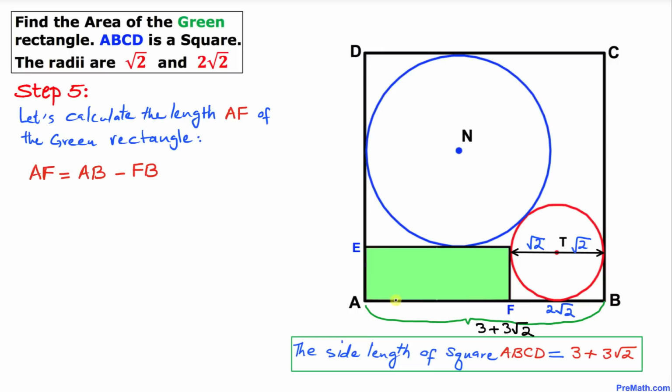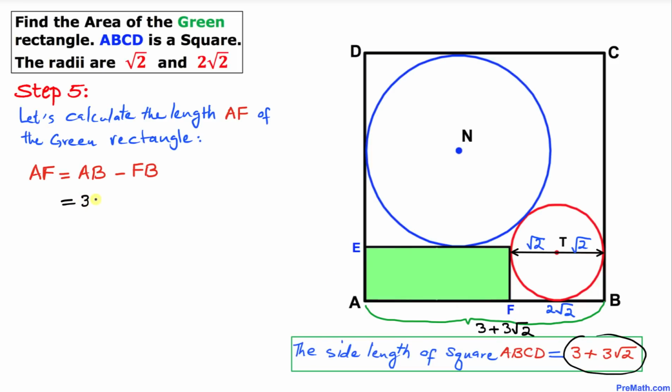And now let's focus on our green rectangle, and we want to calculate the length AF of this green rectangle. We know the length AF is equal to the total length AB minus FB, and we know that this AB, the total side length of this square ABCD, is 3 plus 3 times square root of 2.